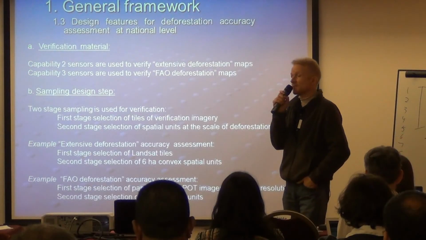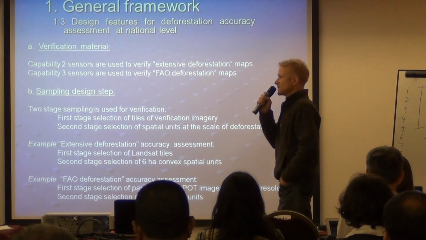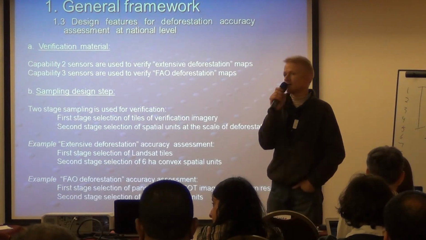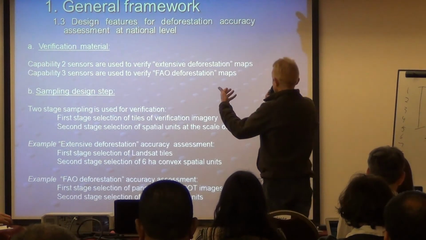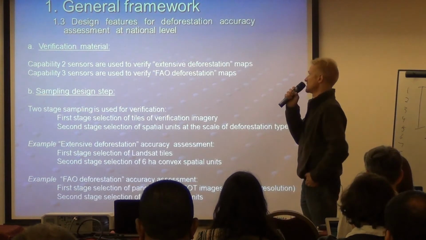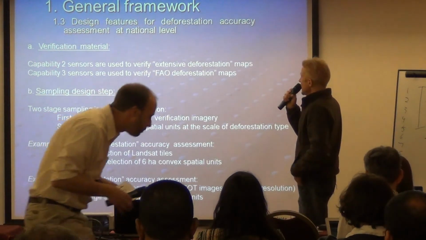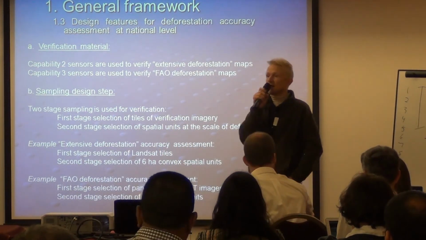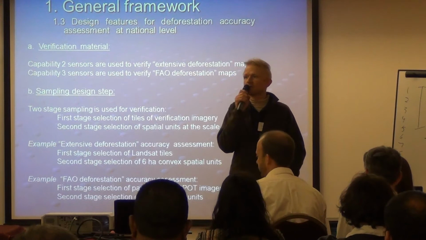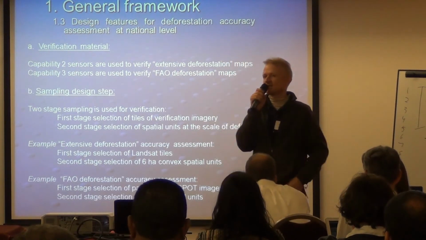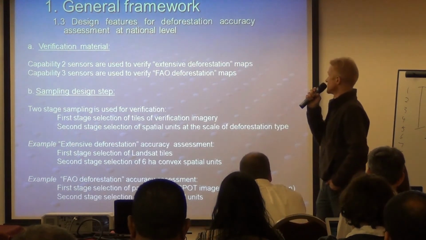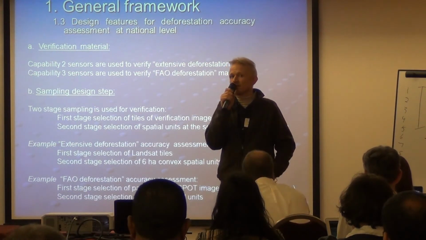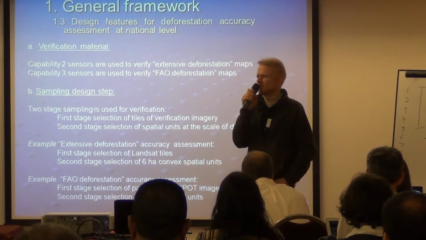The use of 1 to 250,000 scale deforestation maps derived from these data sets, and capability 3 sensors that would be used to verify actual FAO deforestation processes, as we defined it, which would be very useful in the case of the MADMEX project since 1993.